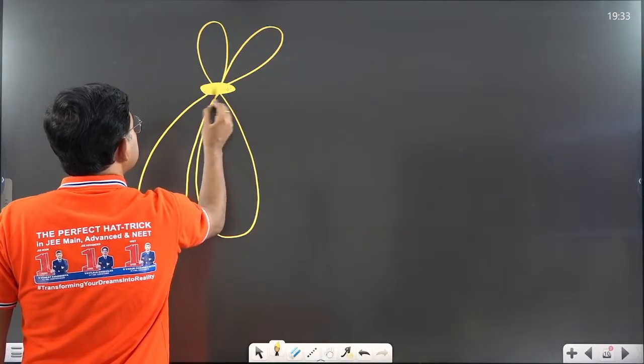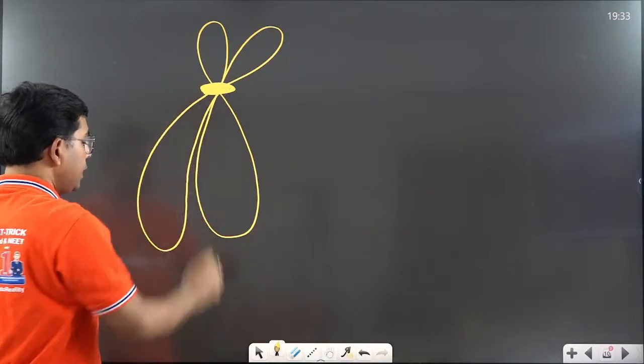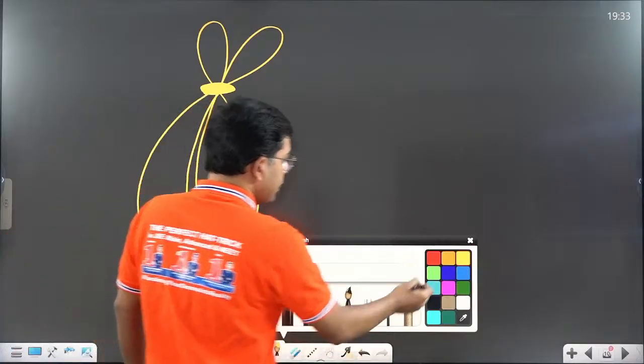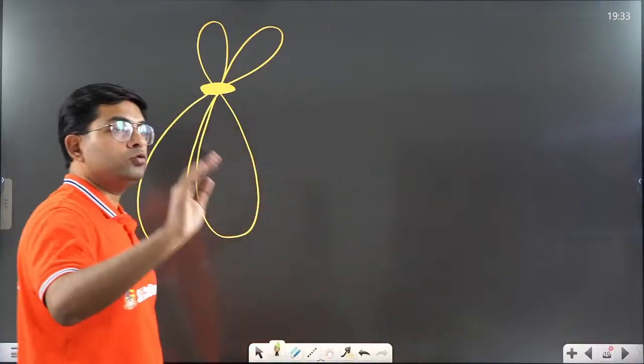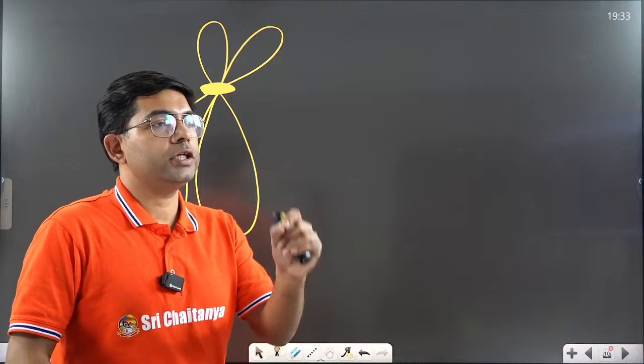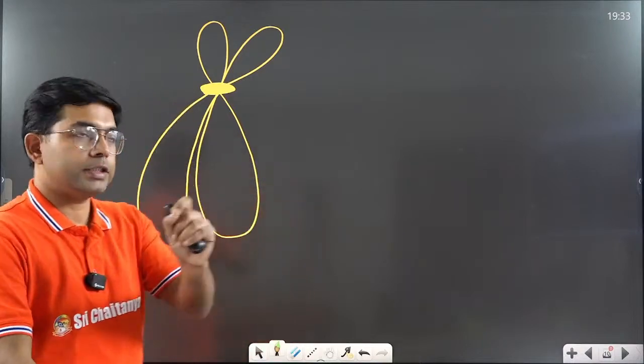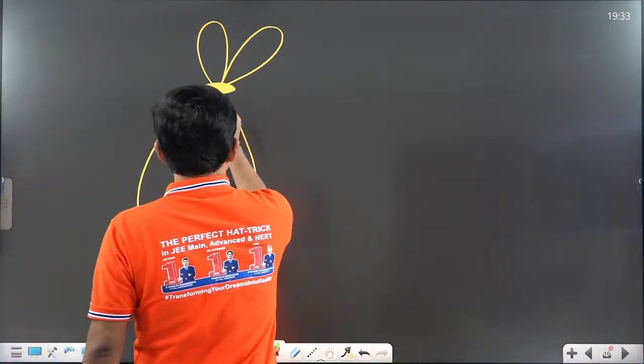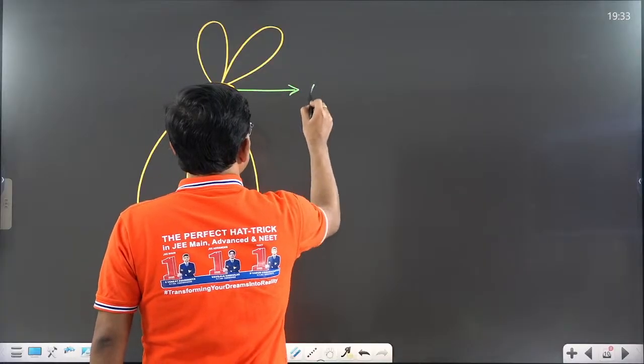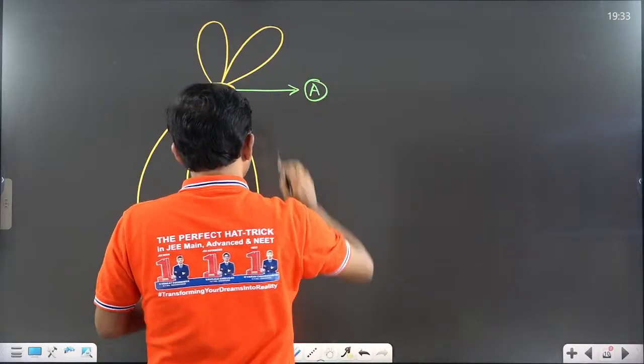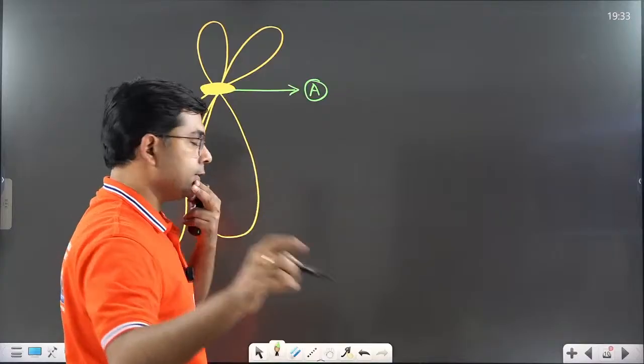Now here is the chromosome, right? Now I am labeling it. You have to just mention what is A, what is B, what is C, what is D. So let's start from here. What is A? You have to just write A and answer.